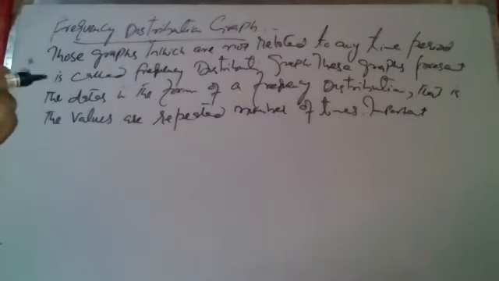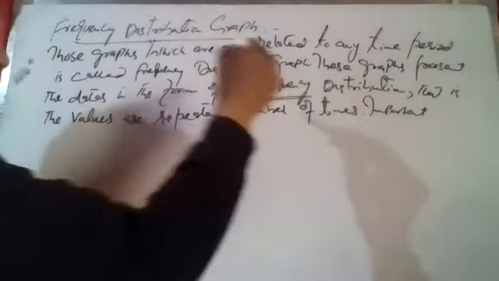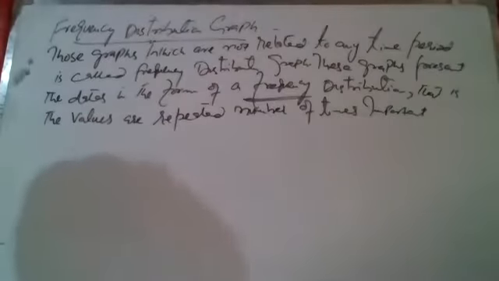These graphs present the data in the form of a frequency distribution. That is, the values are repeated number of times. So frequency shows that the values are repeated again and again.